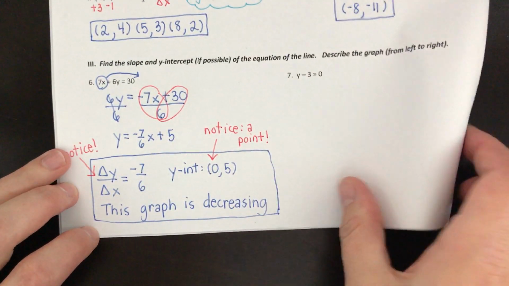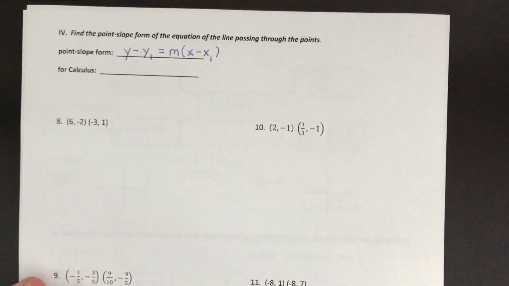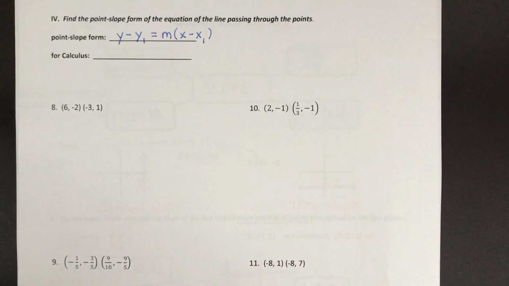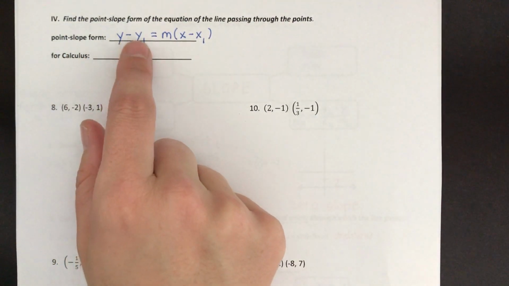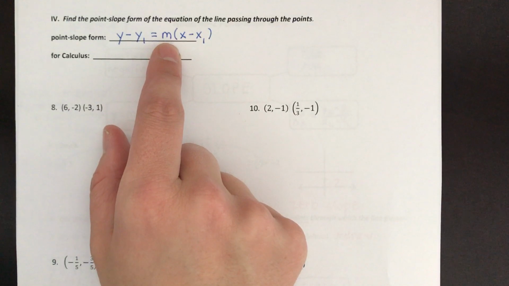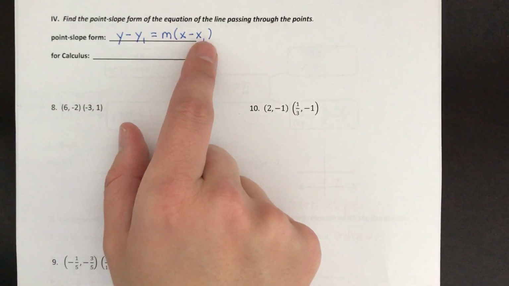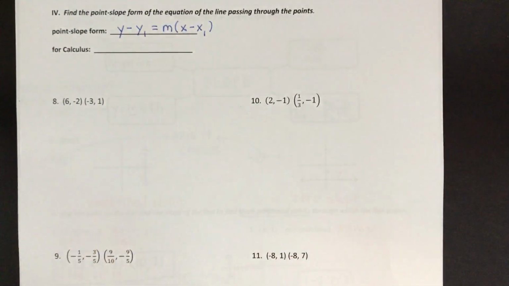We're going to skip this one and we're going to go on to the back. So part 4. Find the point-slope form of the equation of the line passing through the points. Okay, so point-slope form from Algebra 1, you may remember y minus y1 equals m times the quantity x minus x1. That was what you learned in Algebra 1.